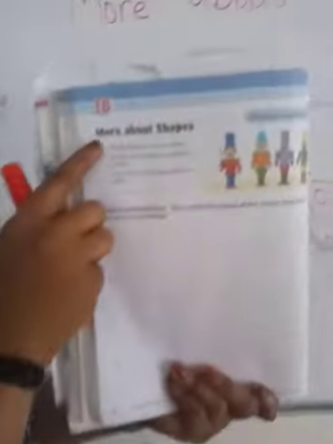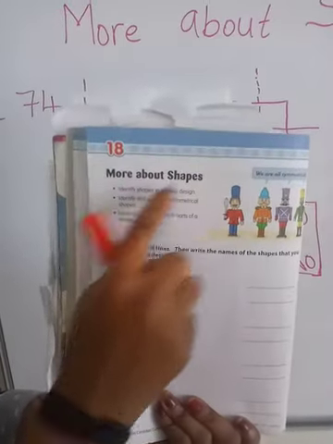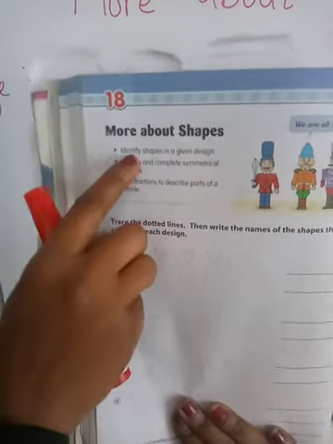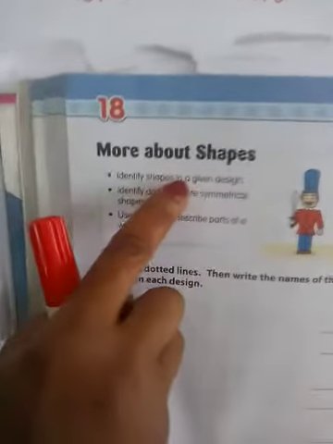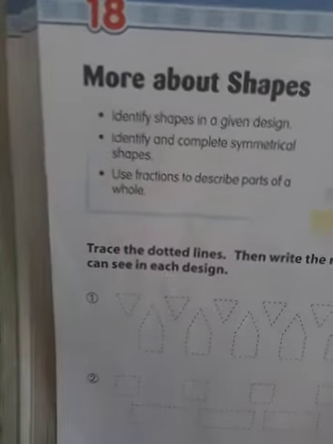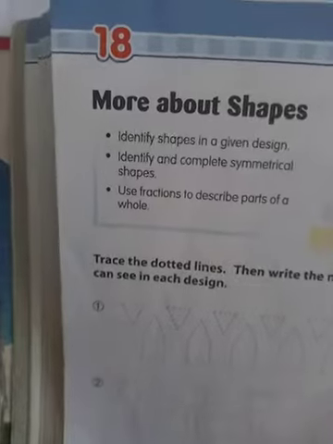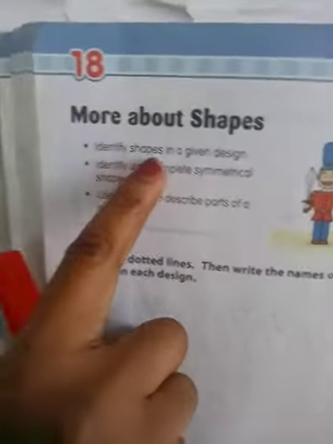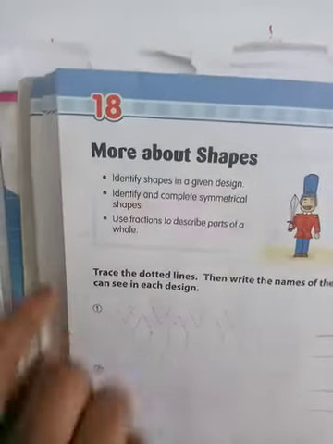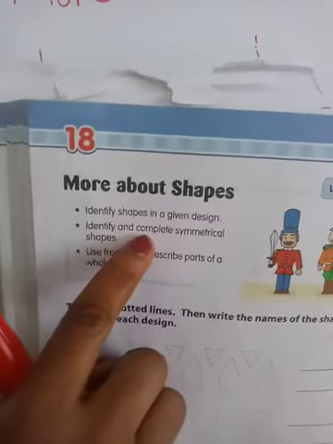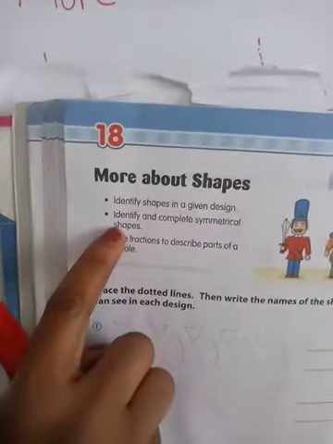Okay. Now we continue. More about shapes. So in this lesson, we will be able to identify shapes in a given design. We already know the different shapes, so whenever they are in a design, I know you're going to be able to identify them. The second point, identify and complete symmetrical shapes.